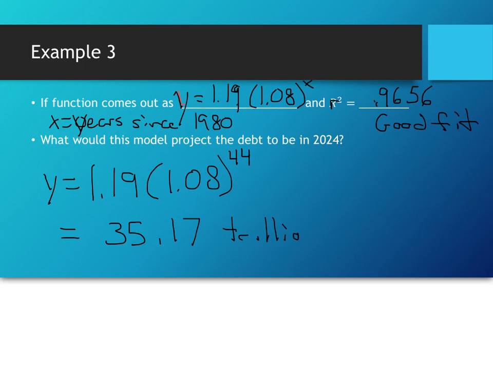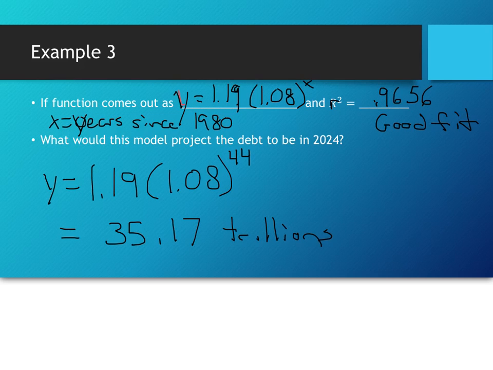So if we kept on at this sort of growth rate, then we'd get about $35.17 trillion of debt in 2024. Which is, by the way, quite a bit of debt. Quite a lot of debt. So that's kind of what your model's predicting.